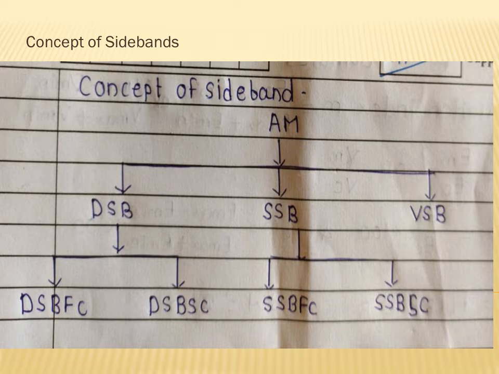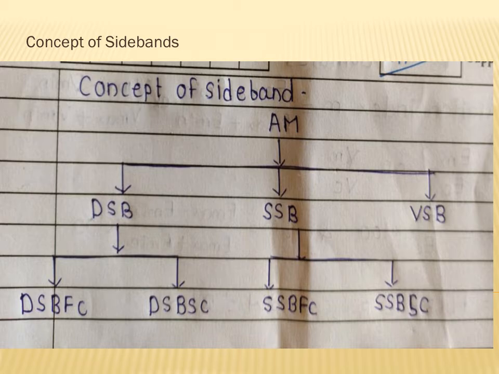Double sideband is again divided into two types, double sideband full carrier and double sideband suppressed carrier, and single sideband is divided into two, single sideband full carrier and single sideband suppressed carrier.